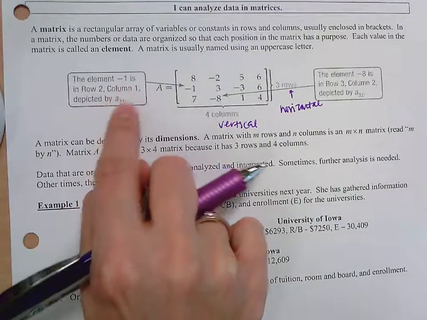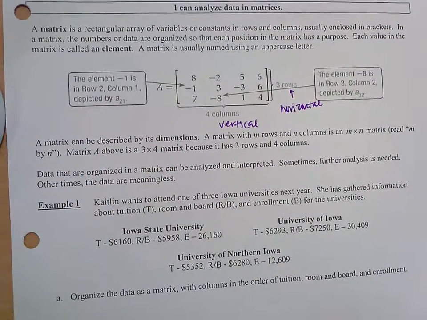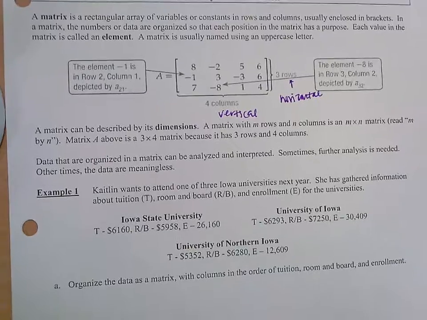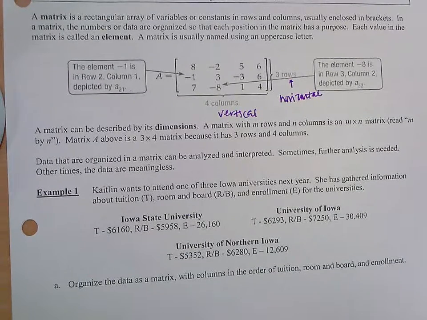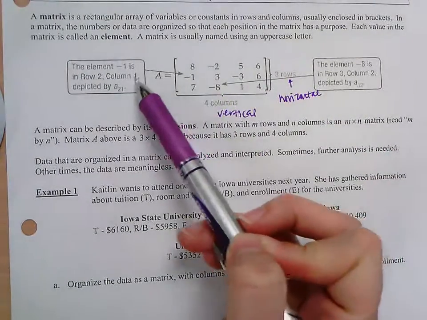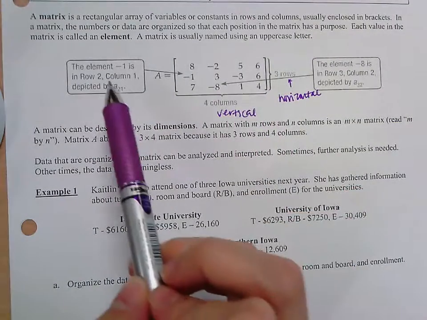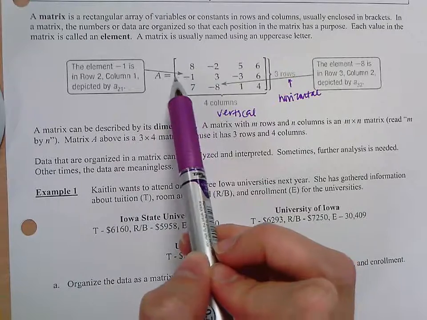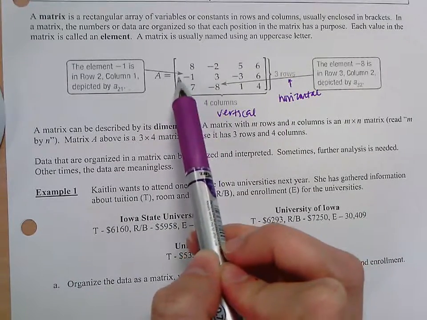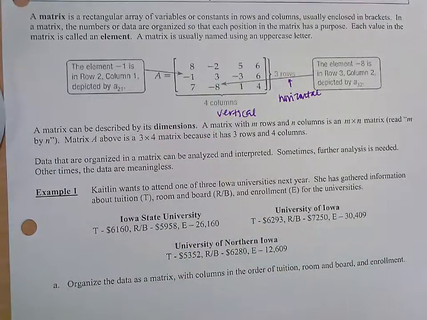We don't have to name the elements that way. So that information is on there in case you see that, but that's not something I'm having you do. But being able to reference a number, like which row, which column it's in, is important. So if I say row 2, column 1, just to know that, okay, I'm in row 2 here, and then column 1, I'm talking about this number here.